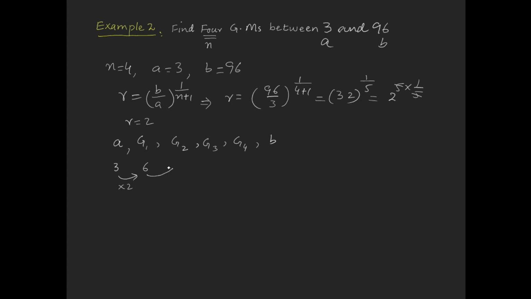Then multiply by 2 and we get 12, then 24, then 48, and then multiply by 2 to get the next term, which is B, 96, because 48 multiplied by 2 is 96.